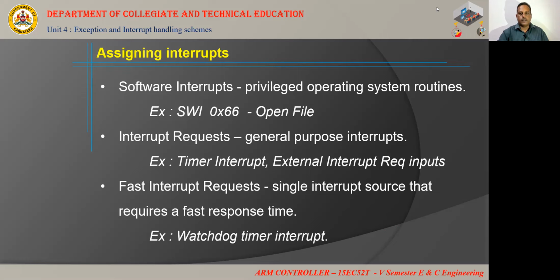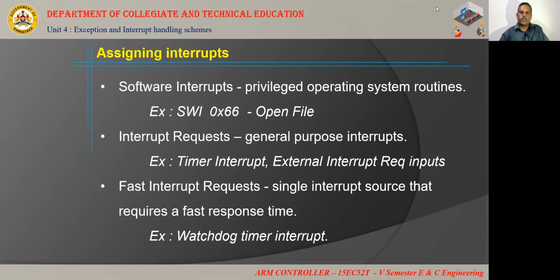One such example for the fast interrupt request is the watchdog timer interrupt. We normally use this interrupt to alert the operating system or to restart the operating system or the application when it is stuck in some loops. Sometimes you might have noticed, our embedded systems get stuck in loops and they do not respond to any of our inputs, keyboard, touchscreen, nothing will respond.